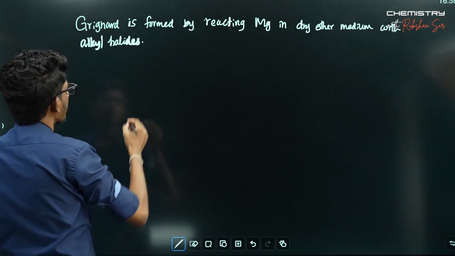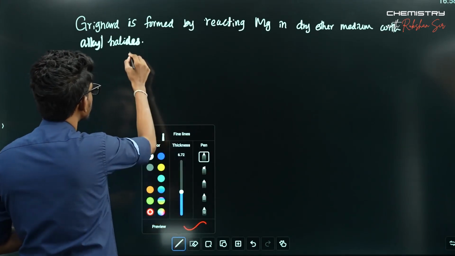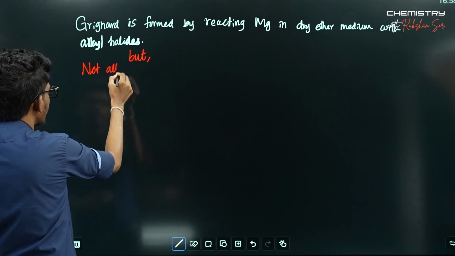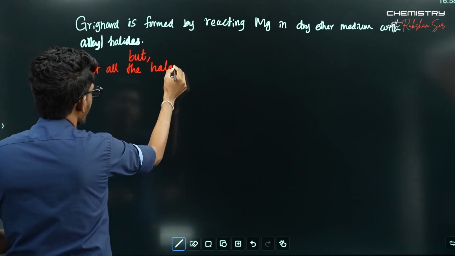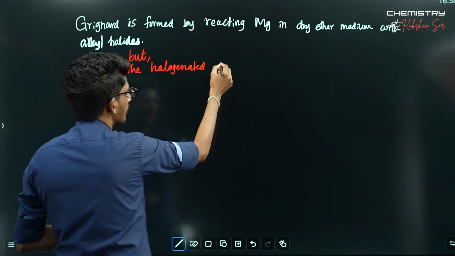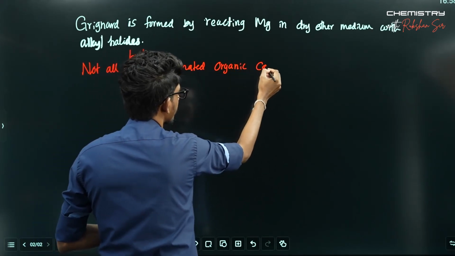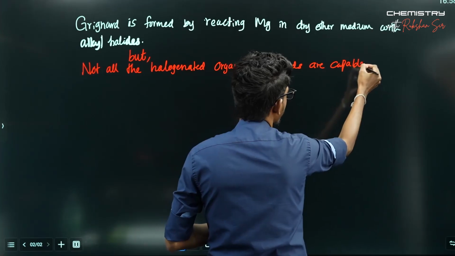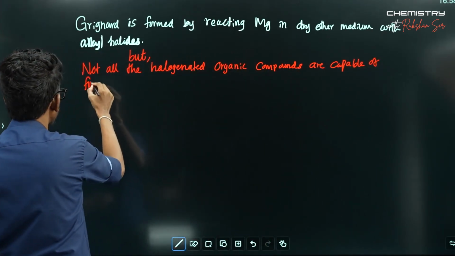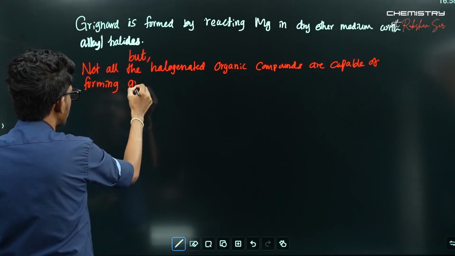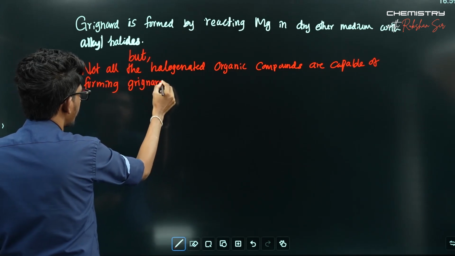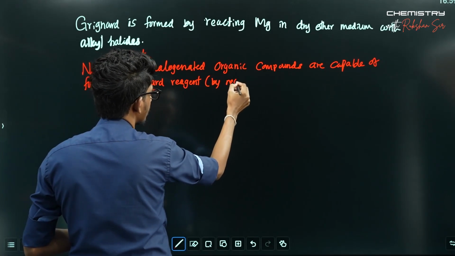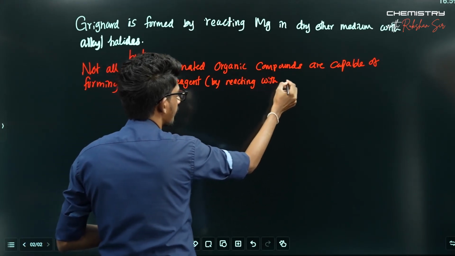But this is important, keep in mind, not all halogenated organic compounds are capable of forming a Grignard by reacting with magnesium in dry ether.